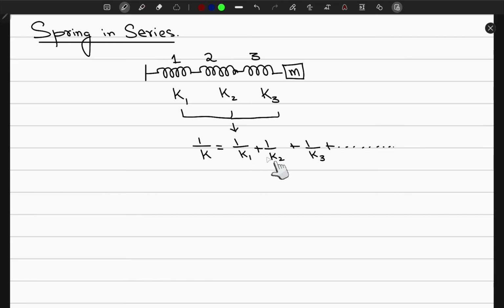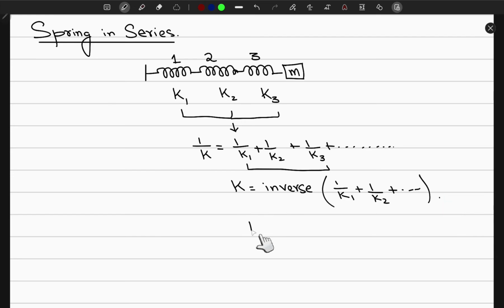Then you take the inverse of this sum, and that would be your k. I did not mean LCM, I meant you can take the inverse. So it's the inverse of 1 over k1 plus 1 over k2 plus so on.